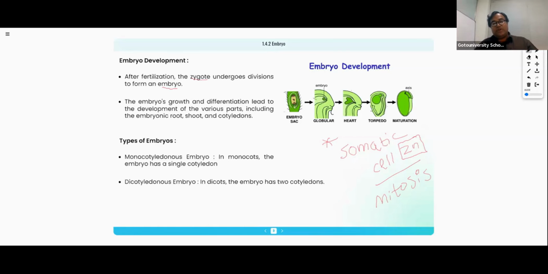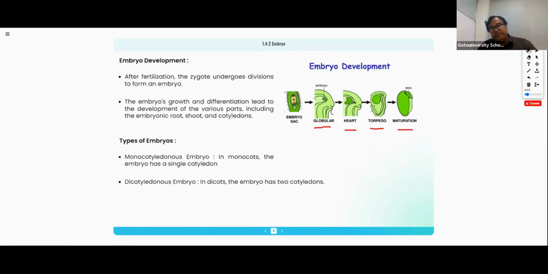Now, if you are entering the embryo development stage, step by step, if you examine under a high resolution microscope, you can see first the globular, heart, and torpedo stages, and in the mature stage, this is the way the embryo looks. This I'm saying for angiosperms.